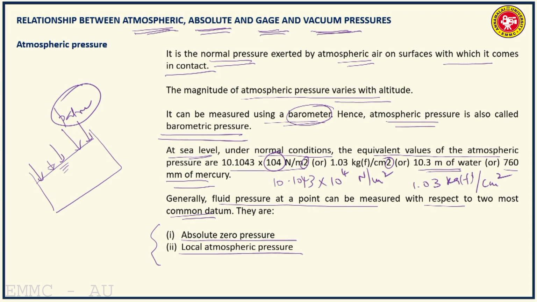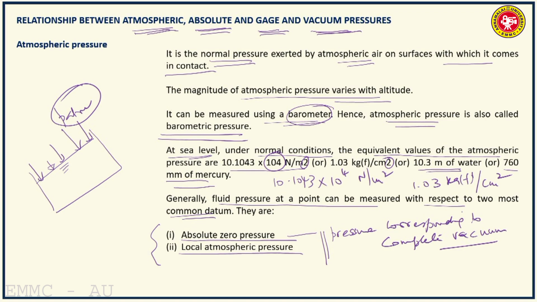Absolute zero pressure is the pressure corresponding to complete vacuum. This is the bare minimum pressure that can prevail at any point.